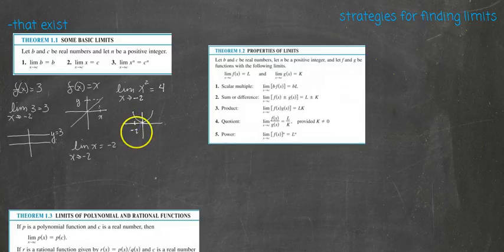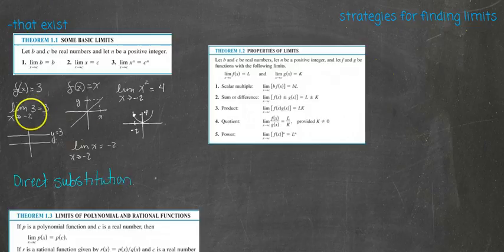If I plug in -2 on a quadratic graph, the value I get out is a +4. So this is a process of evaluating limits by direct substitution. All I did was I took the input value for the limit, plugged it in to the function, the input of -2, plugged it in for x, and decided what I get back out.